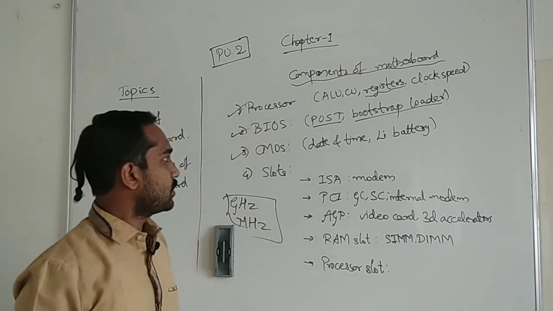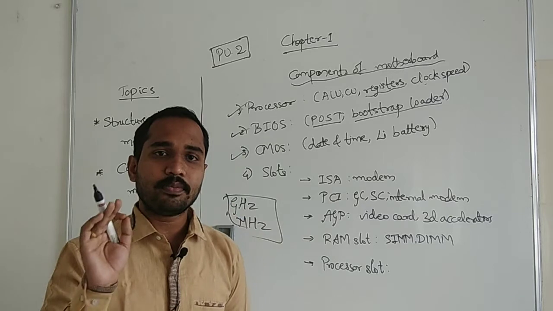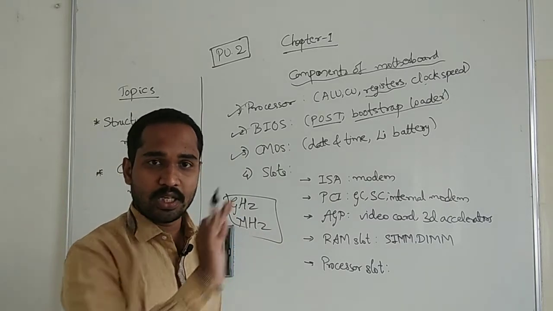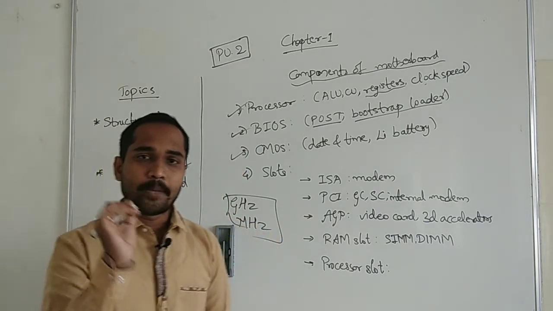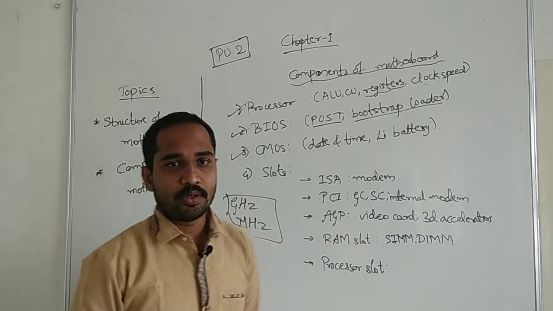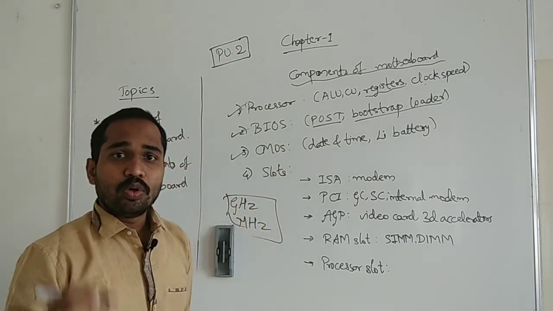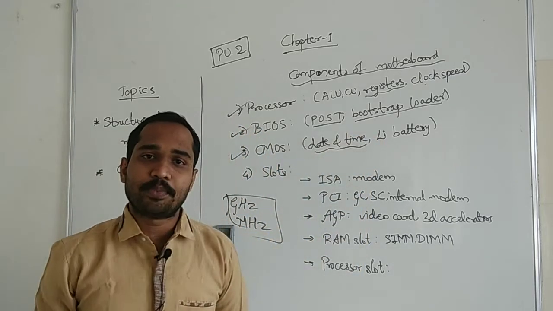Now coming to the third component, that is CMOS. What is CMOS? Complementary metal oxide semiconductor. Here full forms are very important. Please note it down. Complementary metal oxide semiconductor. Now this is very important to show you the date and time parameters in the computer.